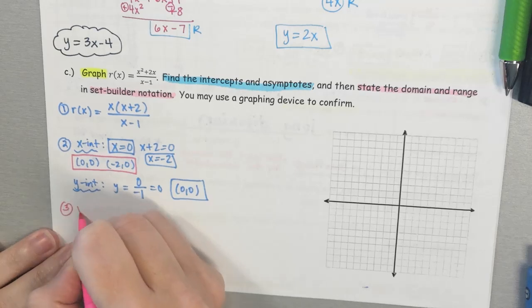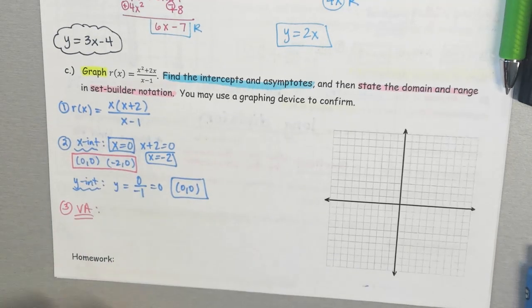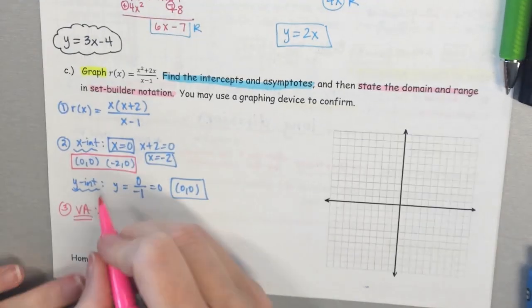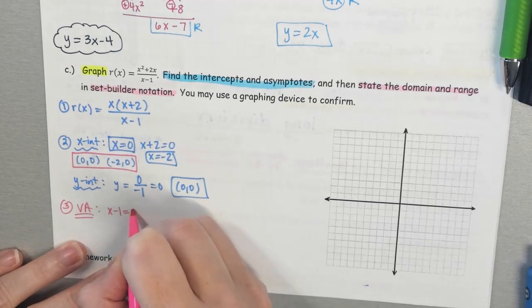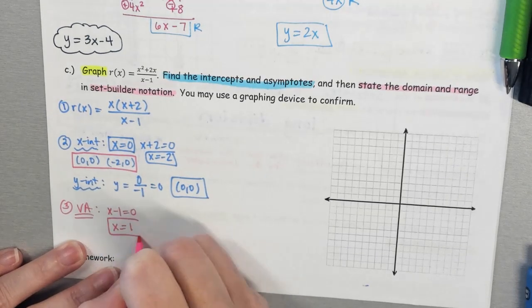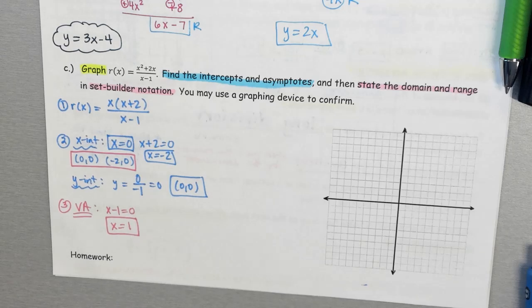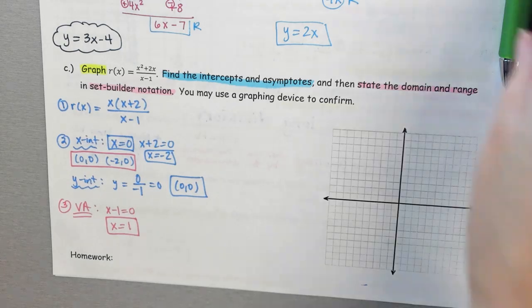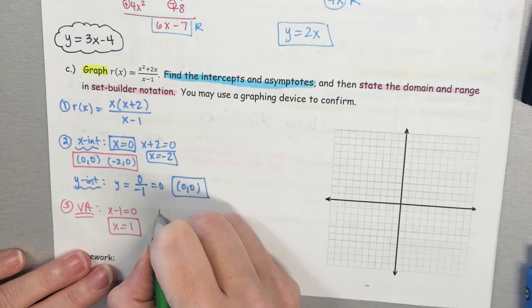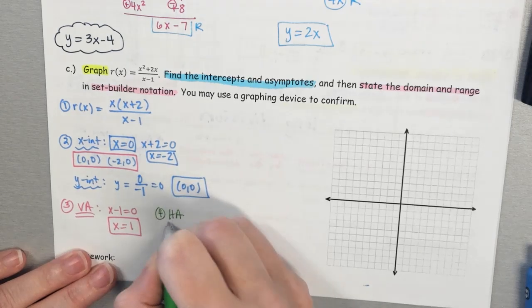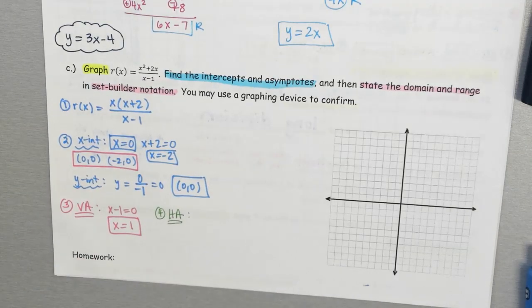Okay, and then the vertical asymptote is always going to be the zeros of the denominator. So if you have x minus 1 equals 0, x equals 1 is going to be your line. And then we're going to compare for the horizontal. So for the horizontal, we're looking at the degree.